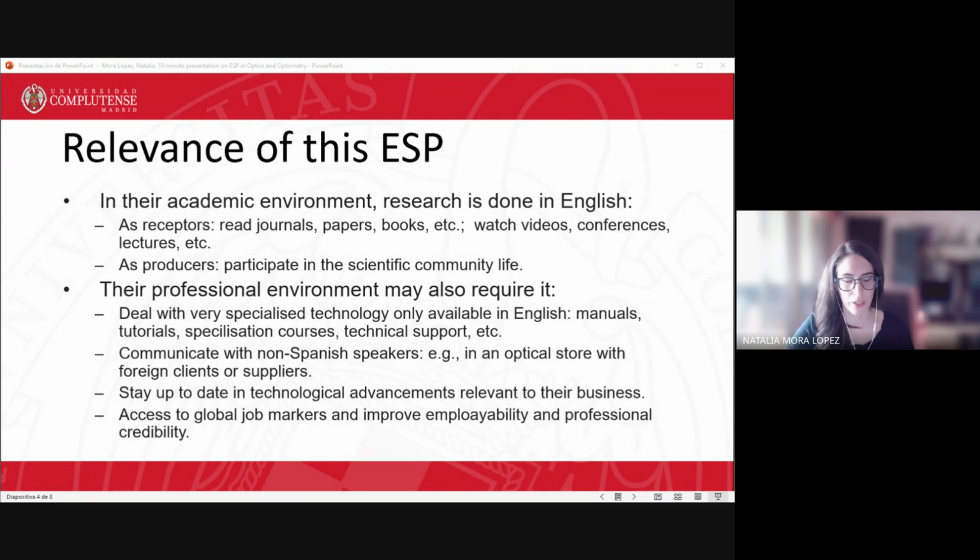I remember some years ago, I had a student who wrote to me saying that she was in a store in which they had a lot of foreign clients, and she had lost all the notes that she had taken during the courses.